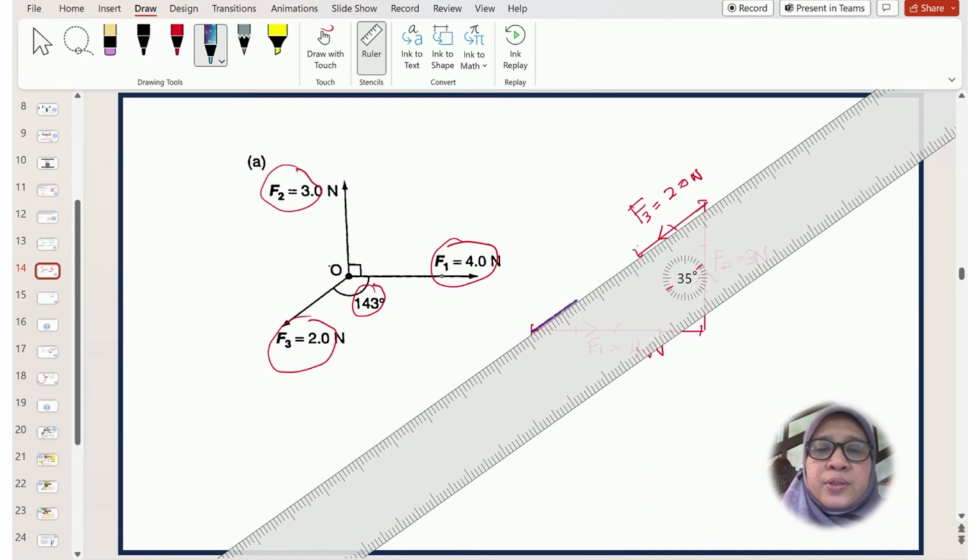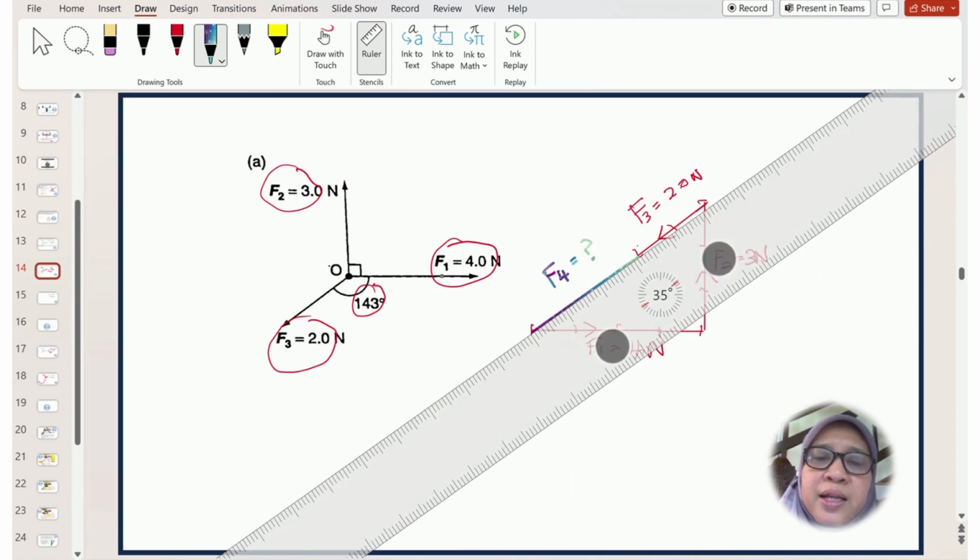Okay, so this line will be F4. Then you can measure using a ruler. So what will be the angle, the line here?